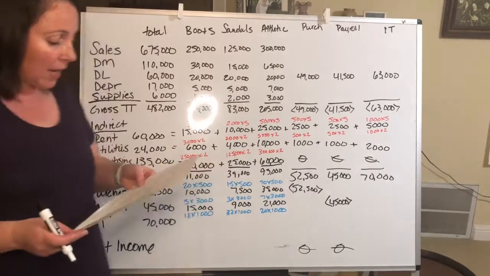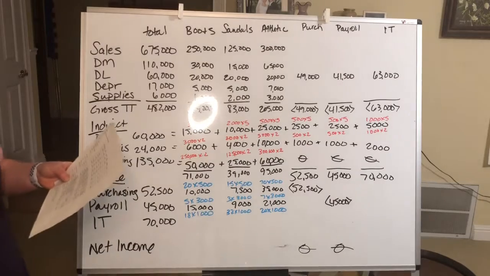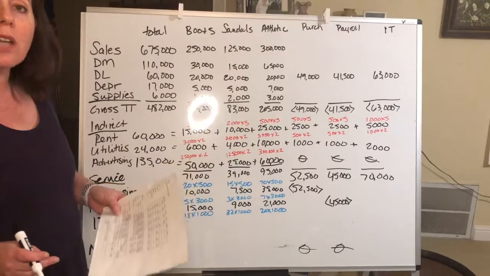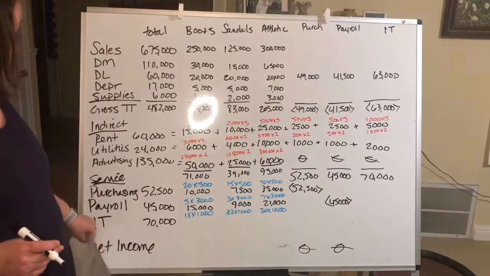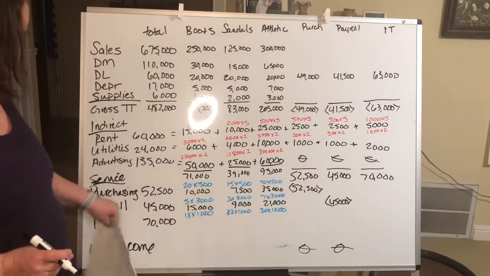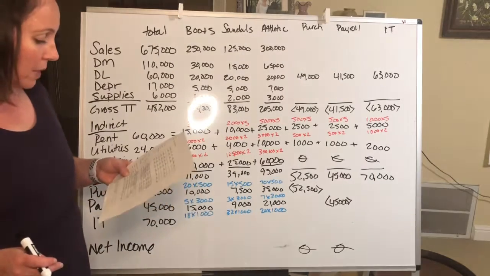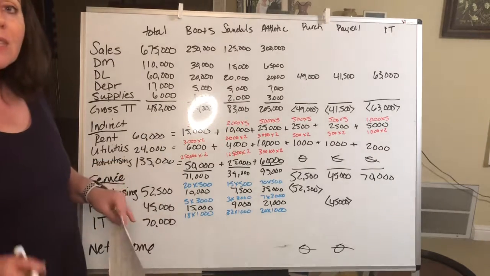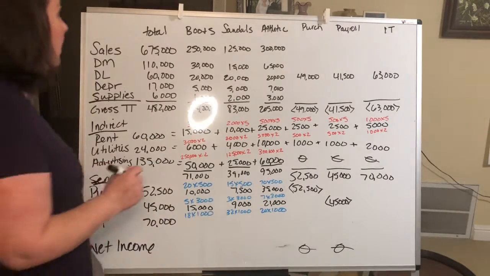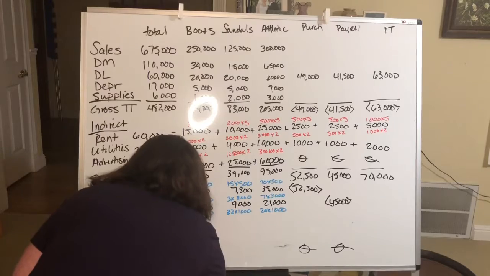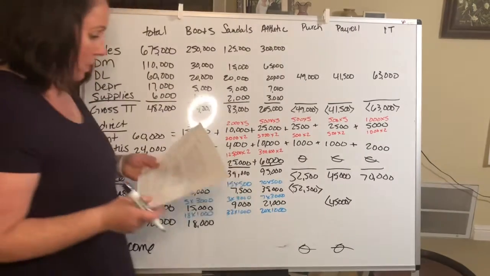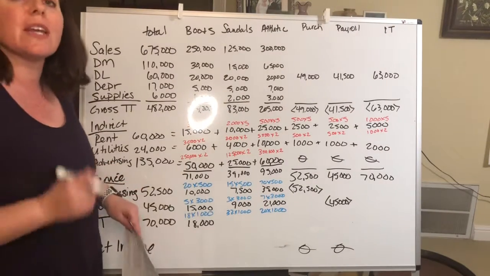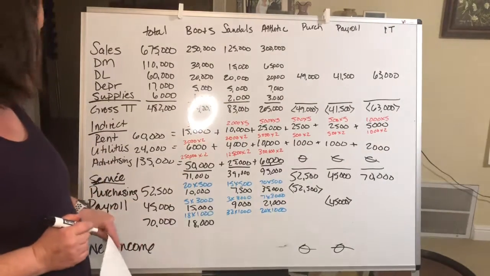Finally, we're going to allocate the $70,000 of IT costs. We determined that the cost that we would allocate is $1,000 per service ticket. Boots opened 18 service tickets, so they're going to get 18 times 1,000, $18,000 in IT costs. Sandals opened 32 service tickets, so they're going to get $32,000 of IT costs.